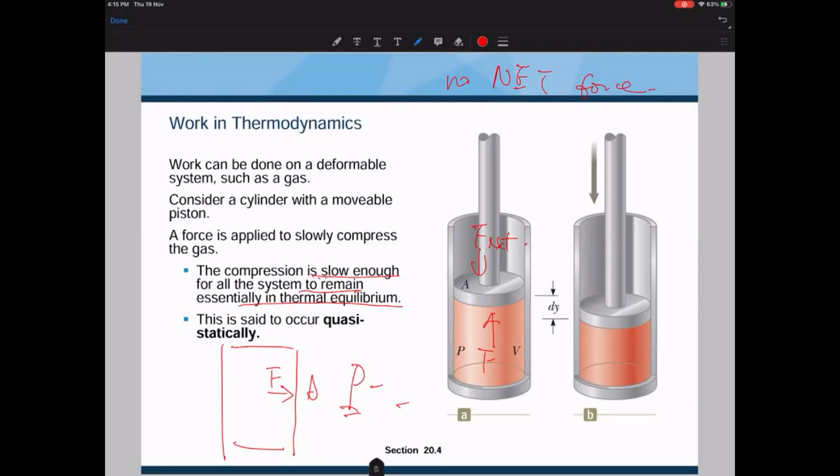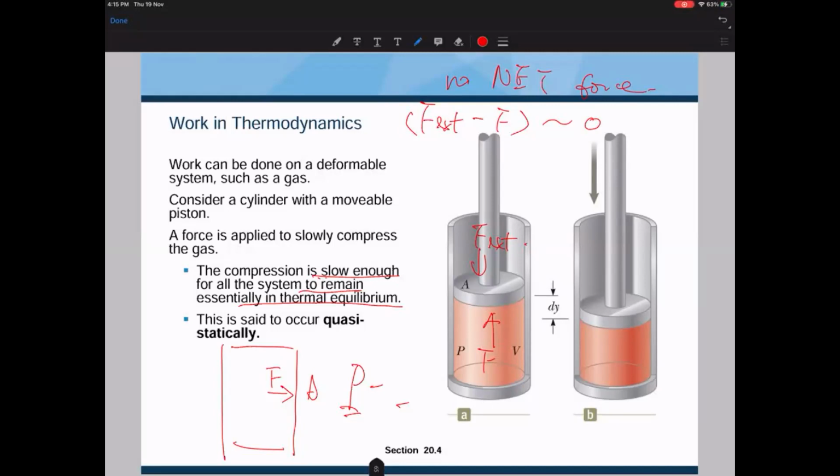If it is compressed slowly, it means the difference of the force would be very, very small, maybe close to zero. On one hand, you need to compress it, so you need to have a force difference. On the other hand, you cannot have it accelerate to a very high speed during the compression.